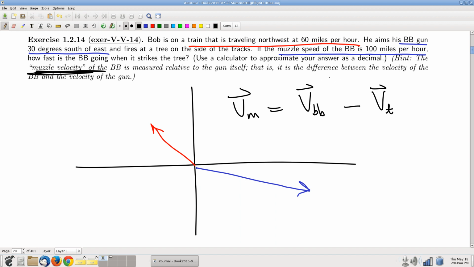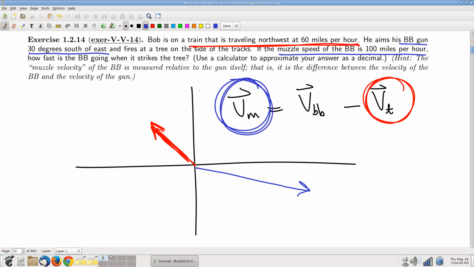All right, so now let me color code this. The velocity of the train, we already agreed, is that red vector there. The muzzle velocity is that thing right there, in blue.